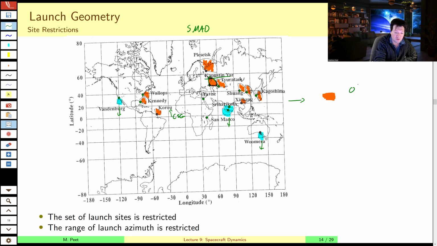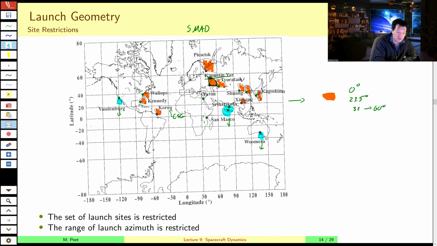So 0 degrees, 23.5 degrees for the ecliptic. Or maybe you have GPS satellites or communication satellites which have moderate inclinations, like maybe up to 32 degrees or 60 degrees or something like that, depending on the constellation where they want to cover.